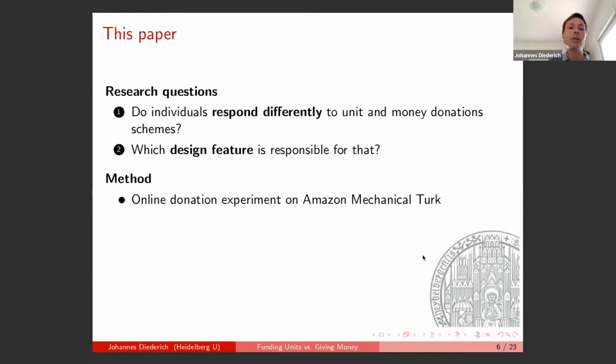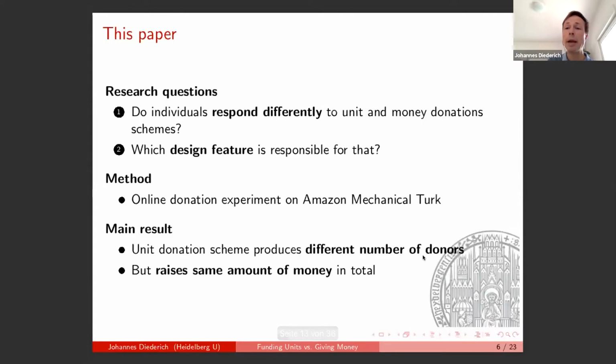The method we're going to use is an online donation experiment which we ran on mTurk, and the main result is that the unit donation scheme is able to produce a different number of donors that give something, but overall it will raise the same amount of money for the charity.